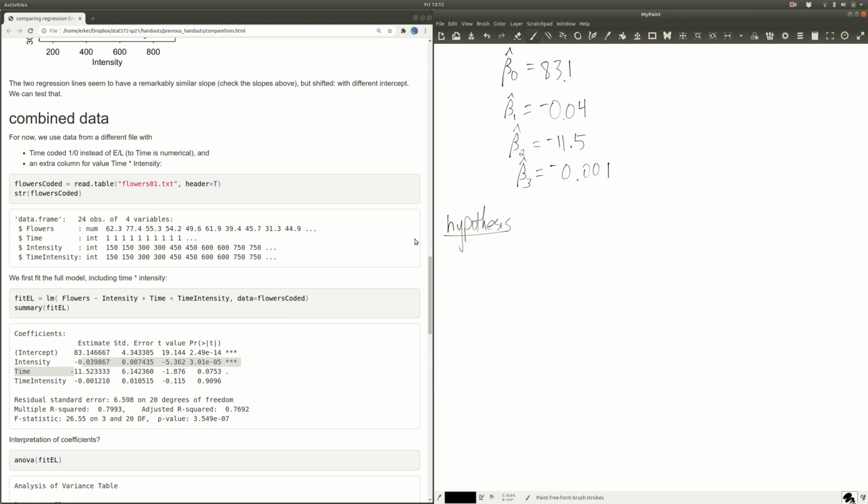So we might have a hypothesis, H0, beta 3 equal to 0, given beta naught, beta 1, beta 2. What is the interpretation of this? So do they have the same slope with varying intercepts?